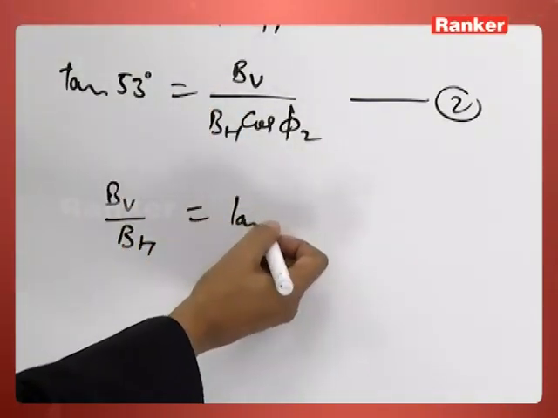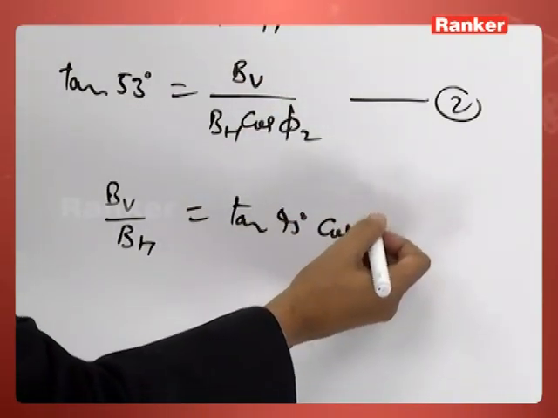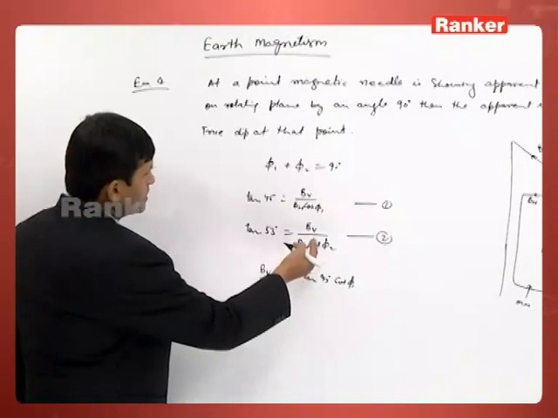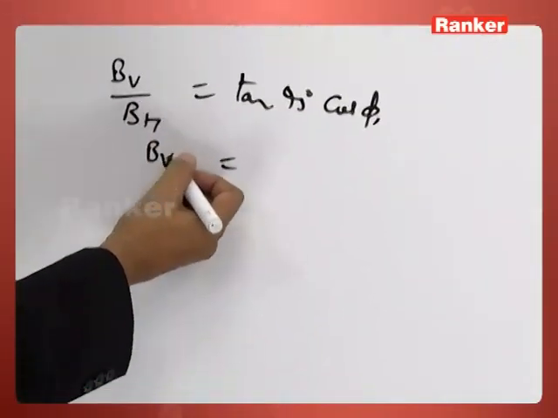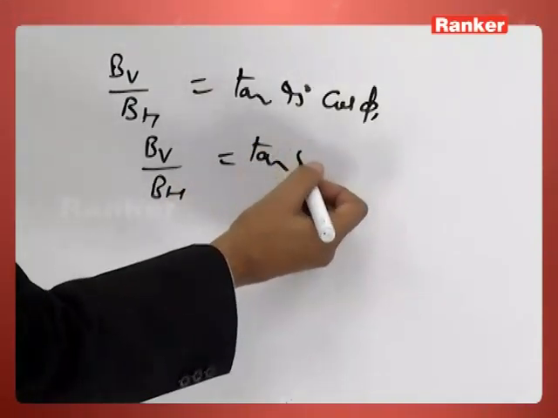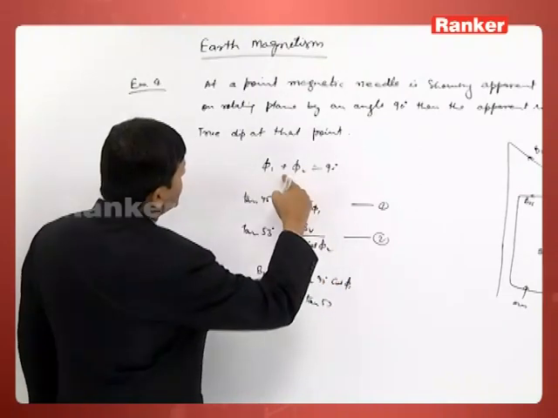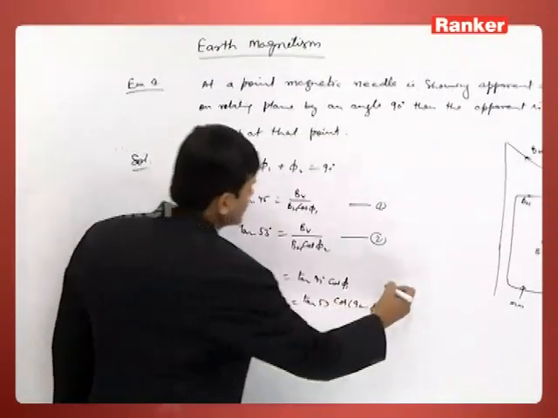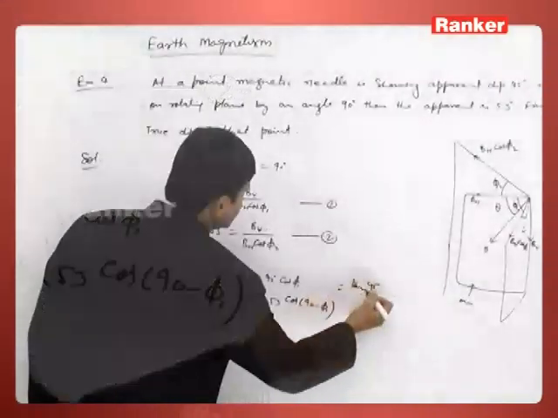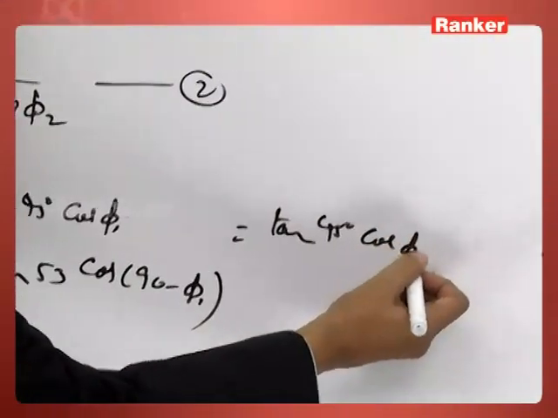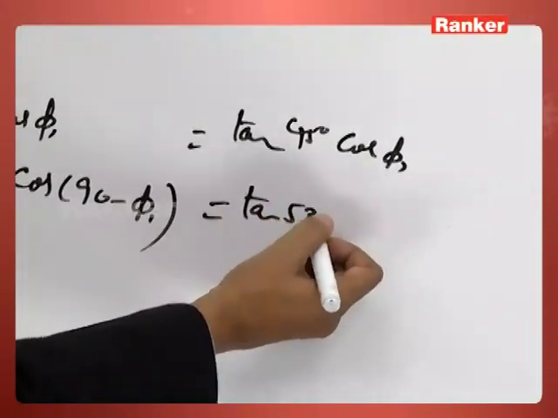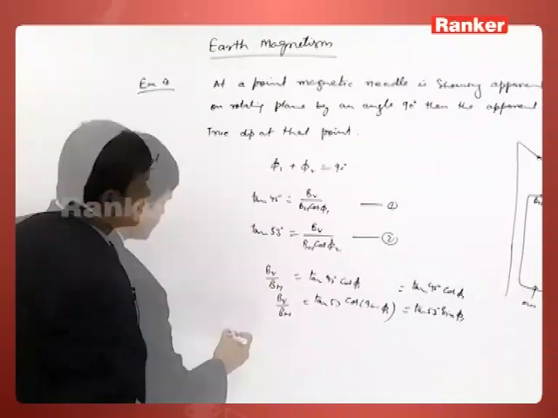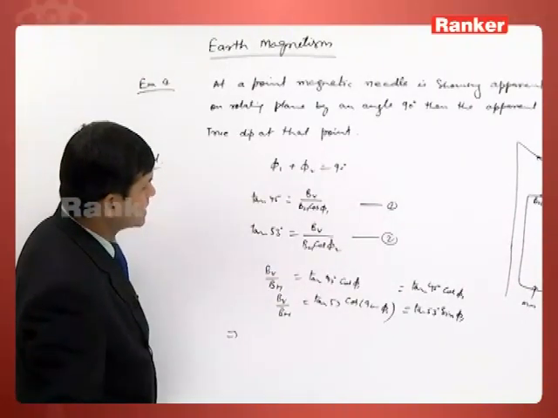From here, tan 45 into cos phi 1, and from another, BV by BH is tan 53 cos phi 2, and cos phi 2 can be written as cos of 90 minus phi 1, which is sin phi 1. So tan 45 degree cos phi 1, and this is your tan 53 degree sin phi 1, and you can square and add these.